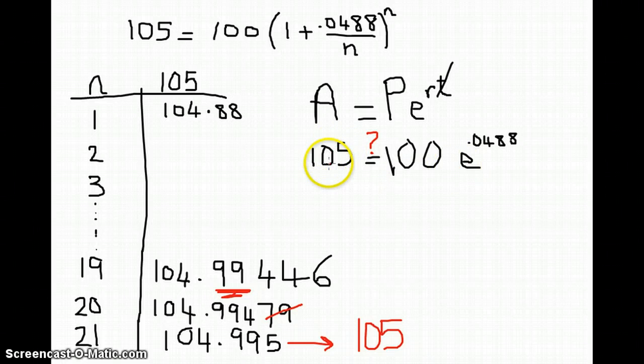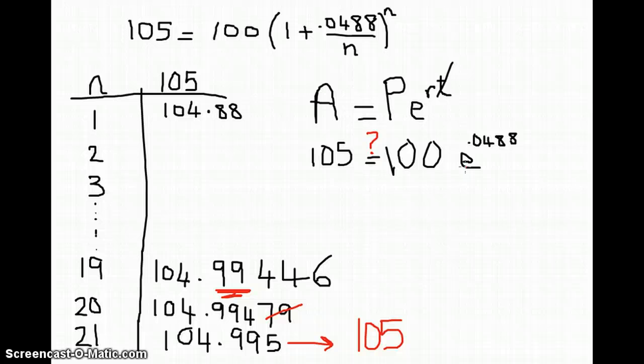Now, would that equal 105, or would that exceed that, so that I have to double check all of the values to find the maximum? And if you do that on your calculator, you're going to find that it does equal 105.0010. So if we round to 2 decimal places, like the bank in the question says, assume the bank rounds correctly to 2 decimal places, then if we do round to 2 decimal places, we're good.